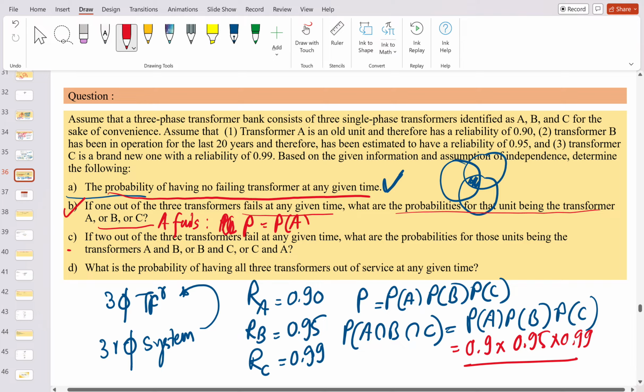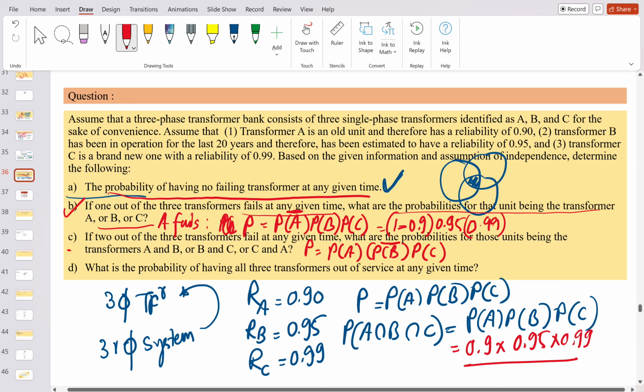Probability A in the off state, probability B, and then probability C. A is basically 1 minus 0.90 multiplied by 0.95 multiplied by 0.99. Okay, similarly when B fails, probability of A, probability of B bar, and probability of C.